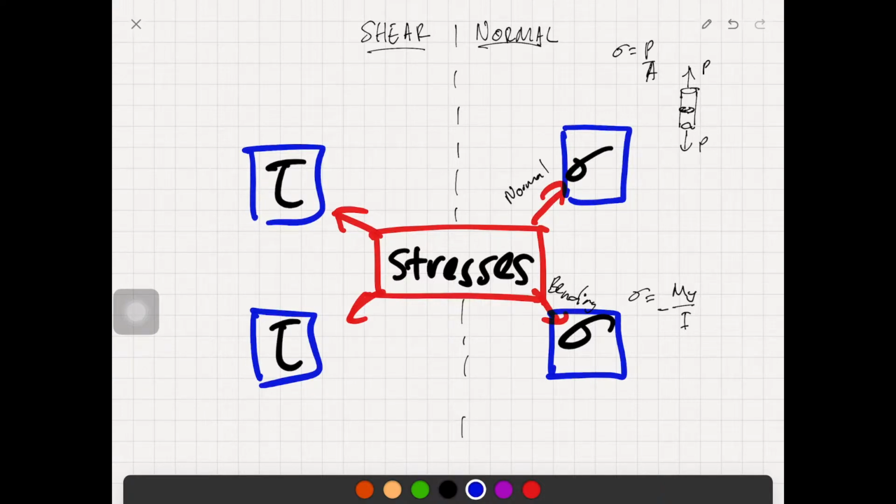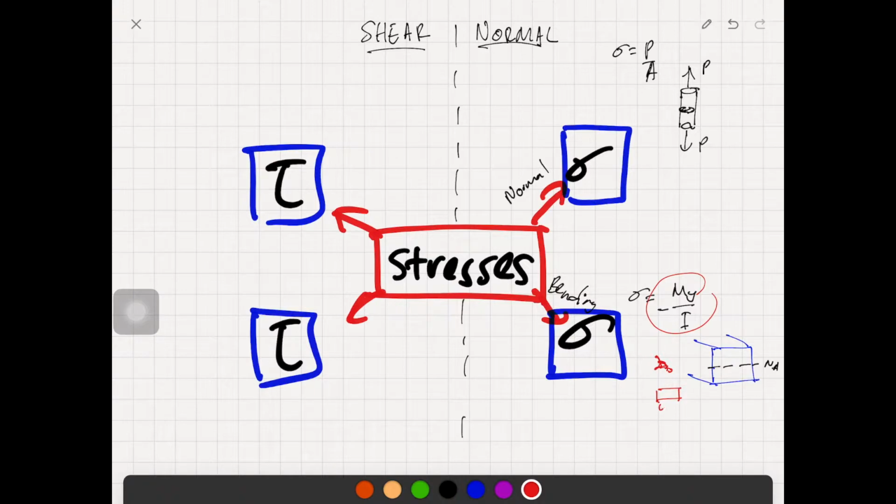If you can imagine a prismatic beam, this is the neutral axis of the beam right now, and the derivation that this equation came from starts with the original view from the side of the beam.